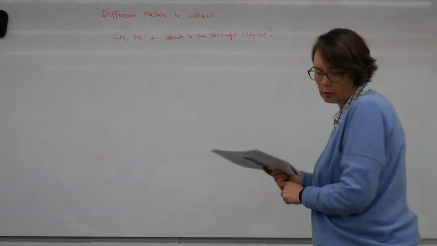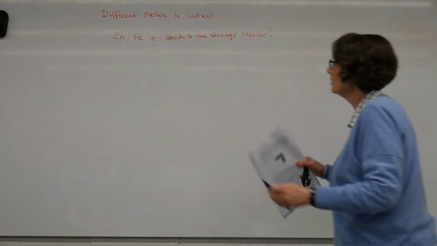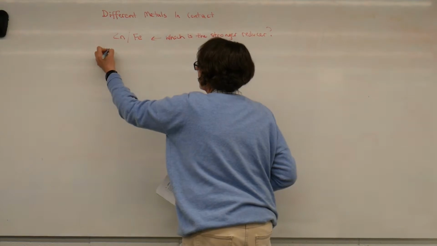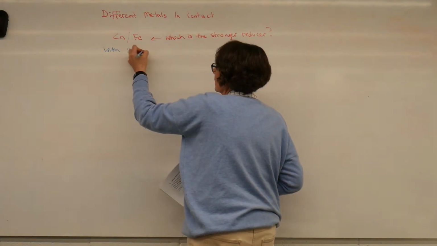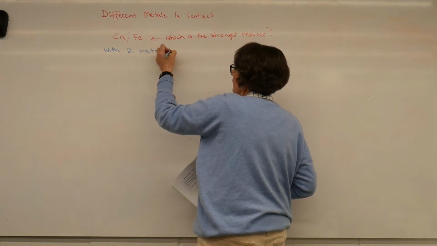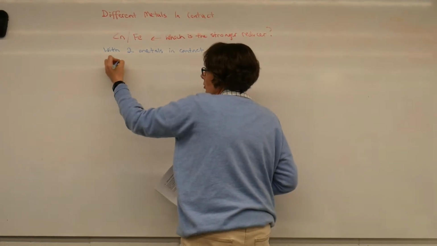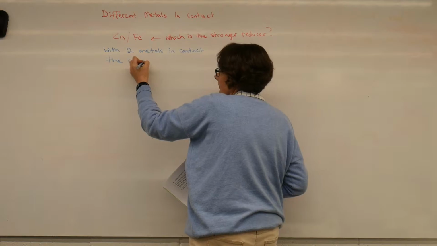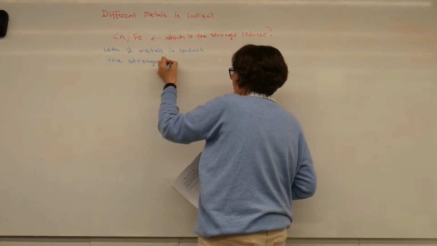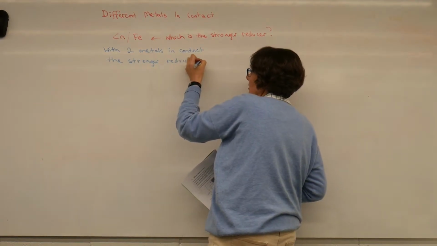So when we have two metals in contact, the stronger reducer is oxidized.